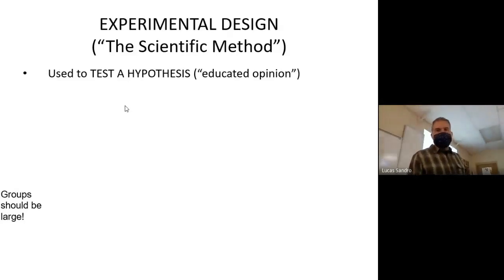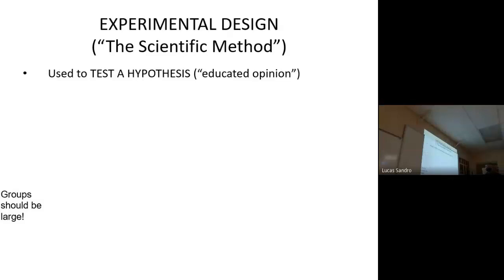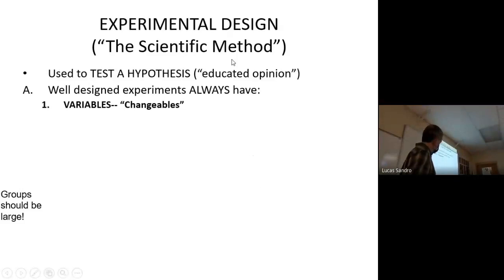What we'll talk about now is what any good experiment has, something you should be able to pick out of it. Any experiment is first of all going to have three different types of variables that you will need to be able to pick out.